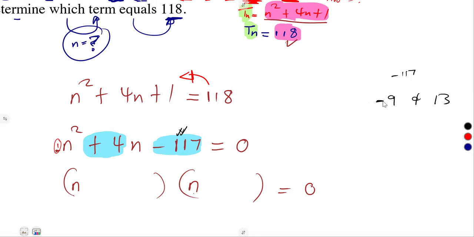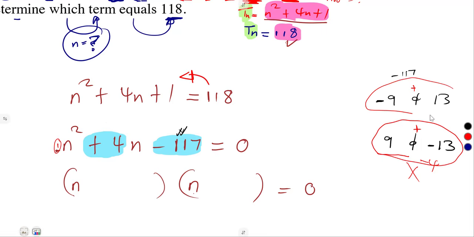So let's put a negative on 9, and another negative on 13? When we add, we must obtain a positive 4. Here, if we add, we're going to get a negative 4, which is wrong. If we take minus 9 and 13 and add, we're going to get a positive 4. So this is exactly what we want.